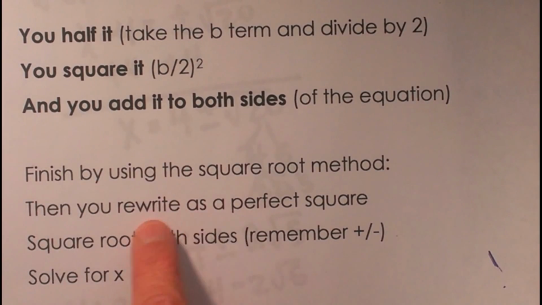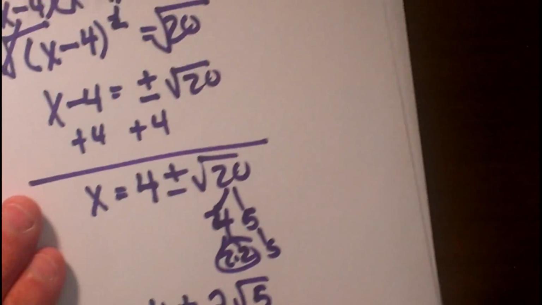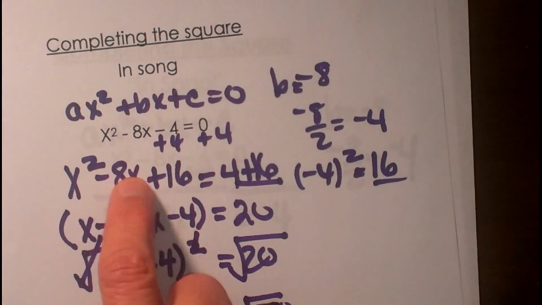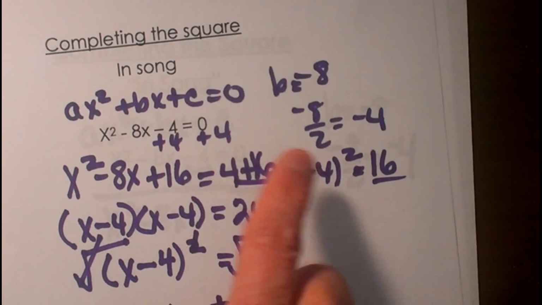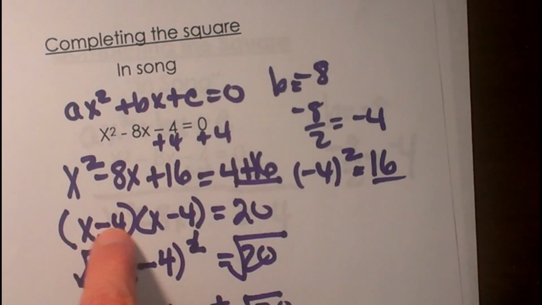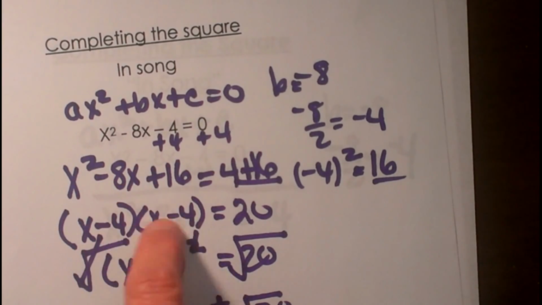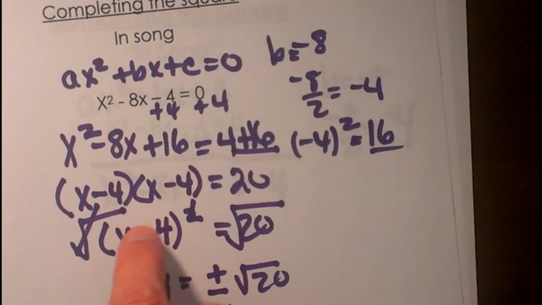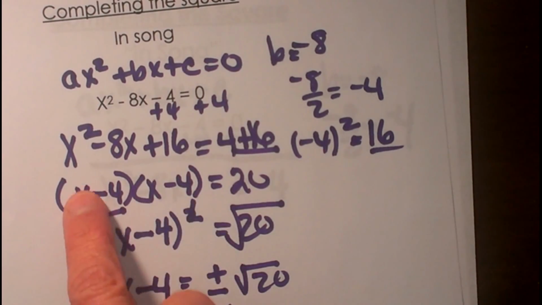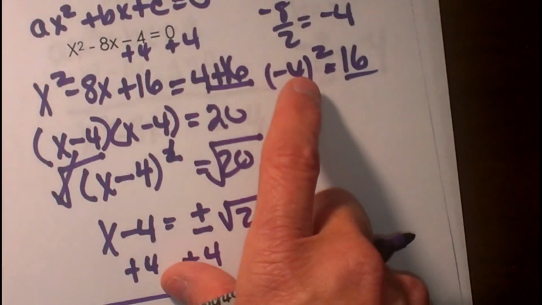So let's go back over those steps one more time. Up here, we took the b term, we halved it, we squared it, and we added to both sides. Then we factored this left side into x minus 4 times x minus 4, which is a perfect square, x minus 4 squared. Then we took the square root of both sides.